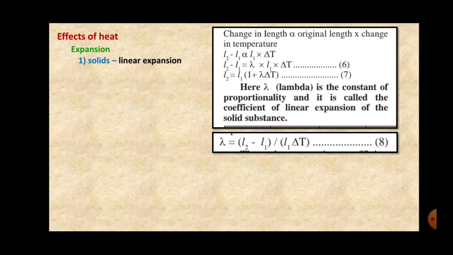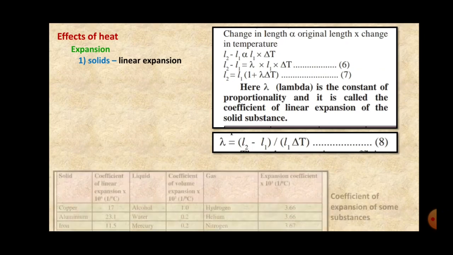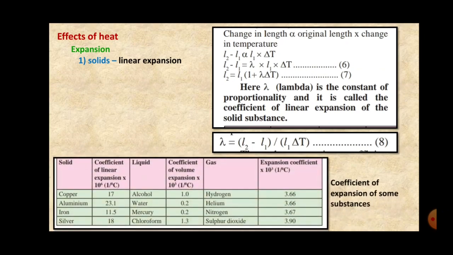Now this is the formula to find out the lambda or the linear expansion, that is L2 minus L1, that is the final length and the original length, divided by the first length, that is the original, and the change in the temperature. Okay. Now as you can see in the table, the different solids have different linear expansion. They have different coefficients of linear expansion.